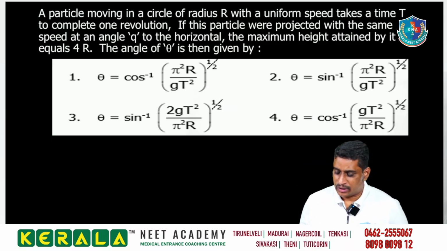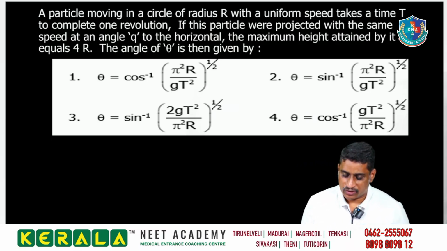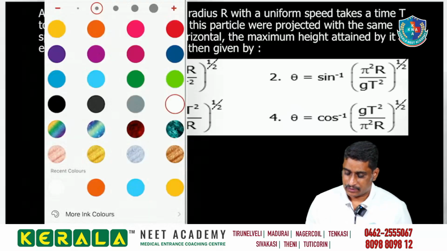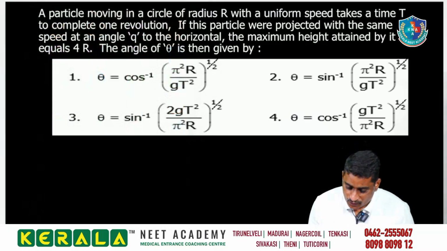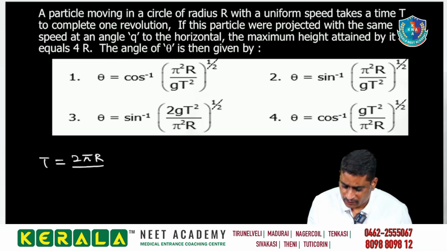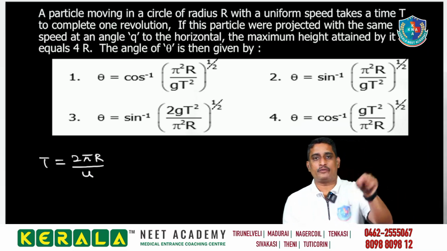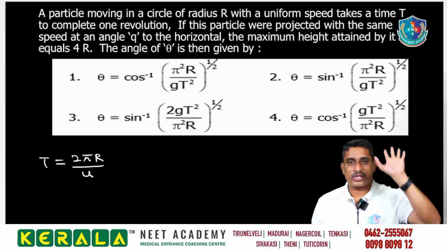Initially it is moving in a circular path with some constant speed. Therefore, t is equal to 2 pi r divided by u. We can take the time period of rotation as t. r is the radius of the circular path they have given.